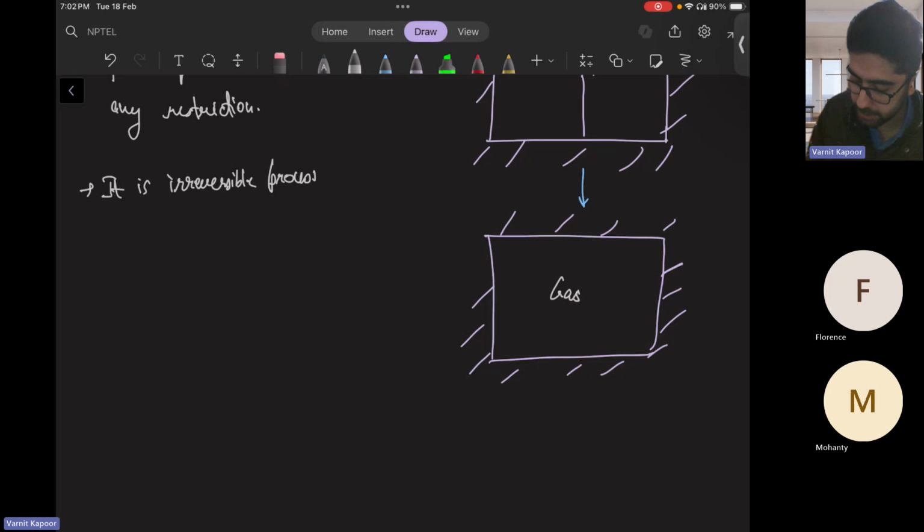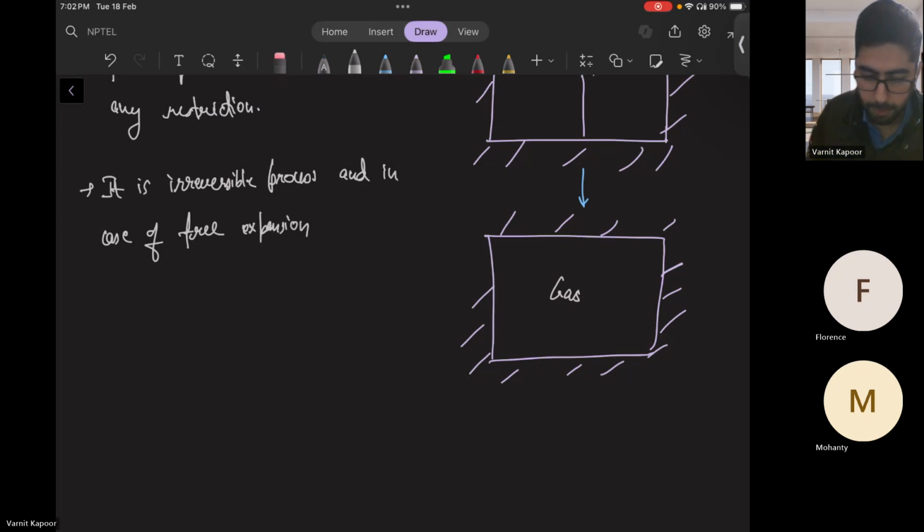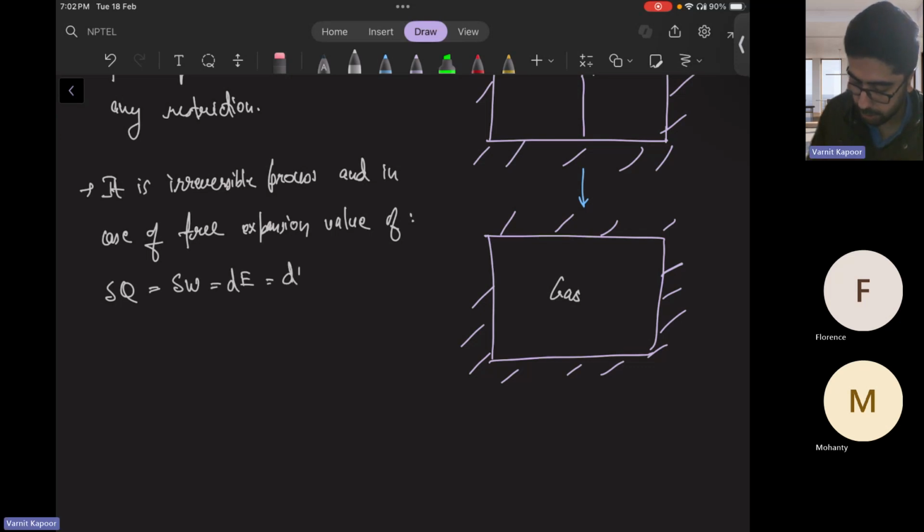And in case of free expansion, the values of change in heat, change in work, and change in internal energy are all equal to zero. Okay, all of them are zero.